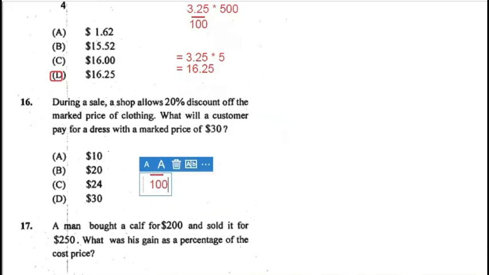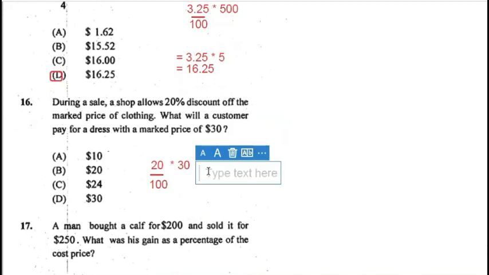We can cancel one of the zeros from the 30 with the 100 and the other zero from the 20 with the remaining zero from the 100, and we are left with 2 multiplied by 3, and that is equal to $6.